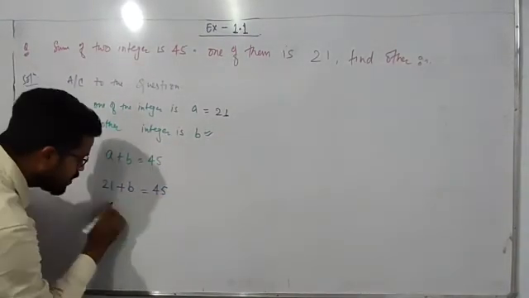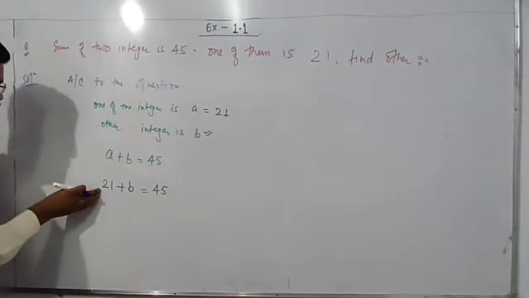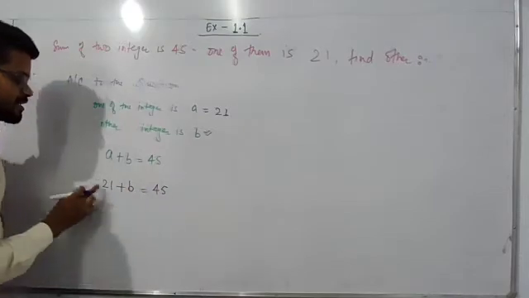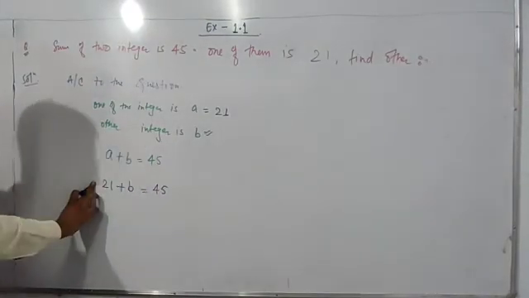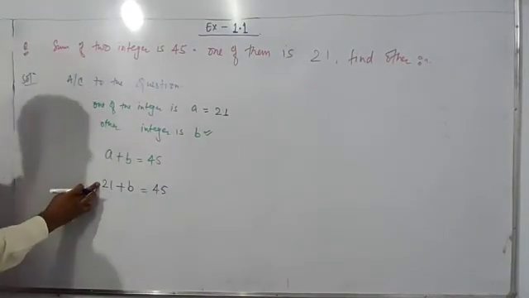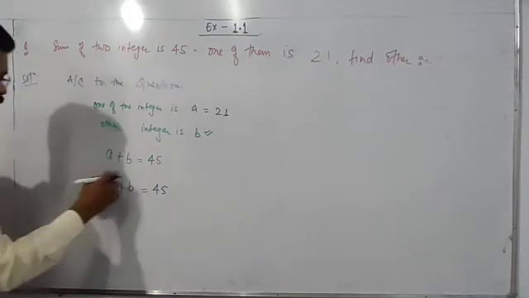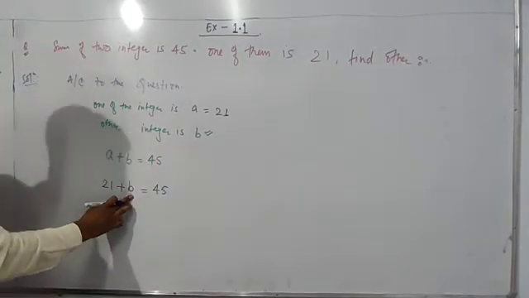Now this is the left hand side. This one is the right hand side. If we take this value from left to right, the sign of the value will be changed. So here this is plus 21. If it goes to the other side, the sign of this plus 21 will be minus 21, and this b will be alone here.